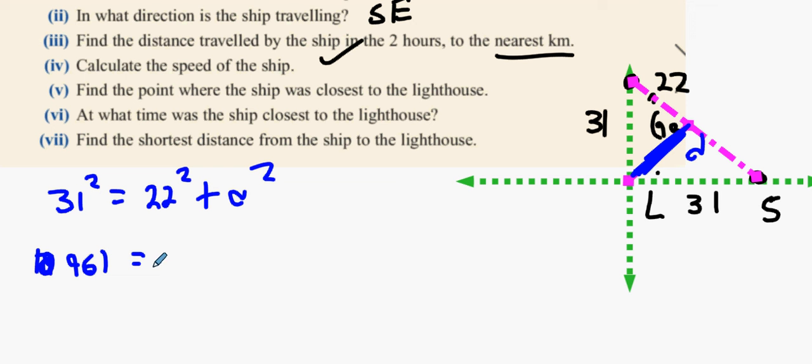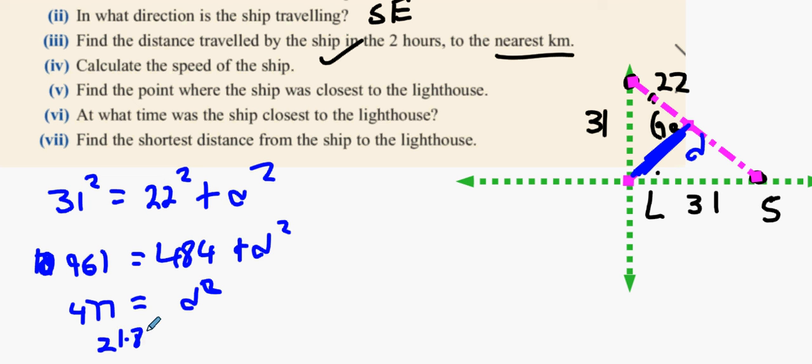Yeah, it's just memory. And take them away from each other. 477 equals d squared. Square root your answer. 3 root 53. And in decimals, 21.84.